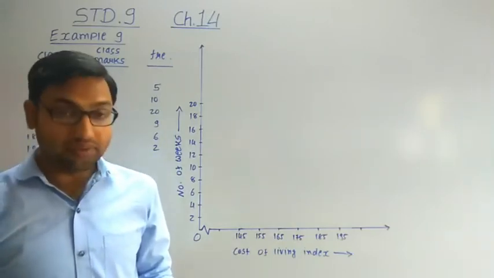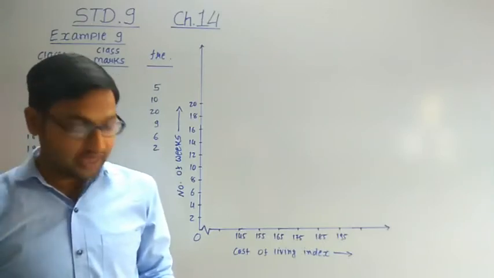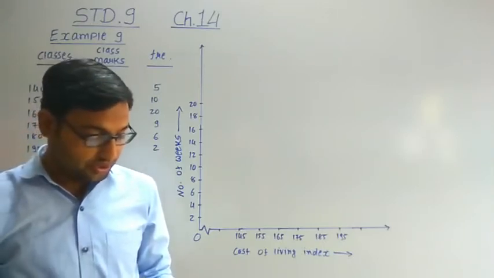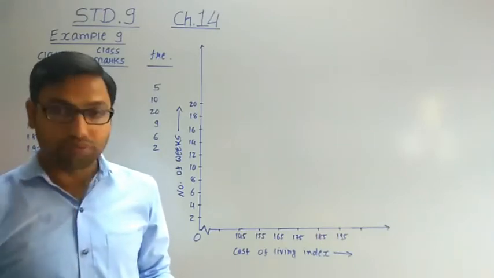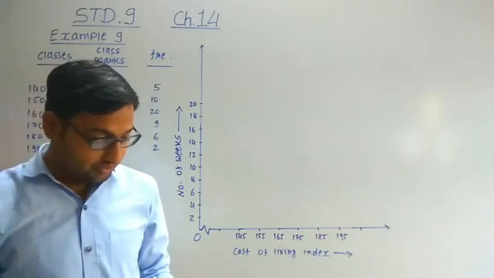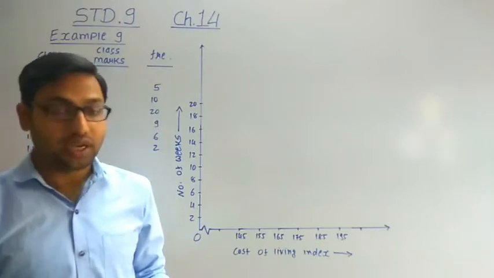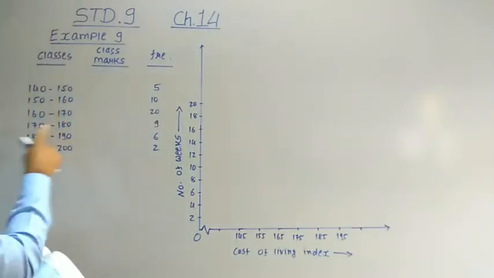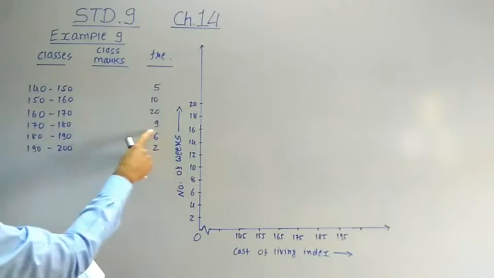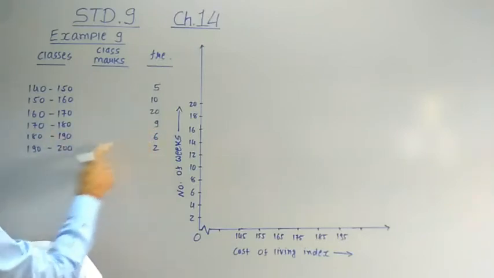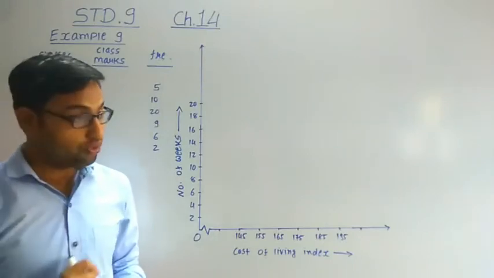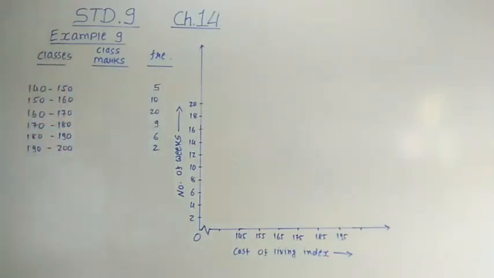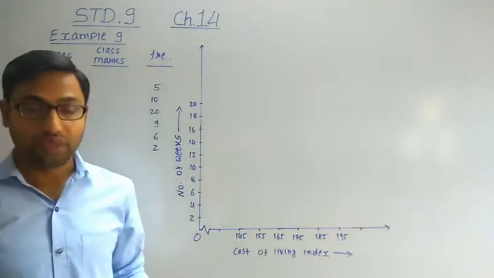In one column we have the cost of living index, that is first 140 to 150, and in another column the number of weeks, it is 5. 150 to 160 it is 10. 160 to 170 it is 20, 170 to 180 it is 9, 180 to 190 it is 6 and 190 to 200 it is 2. So here we want to make the frequency polygon for this data.